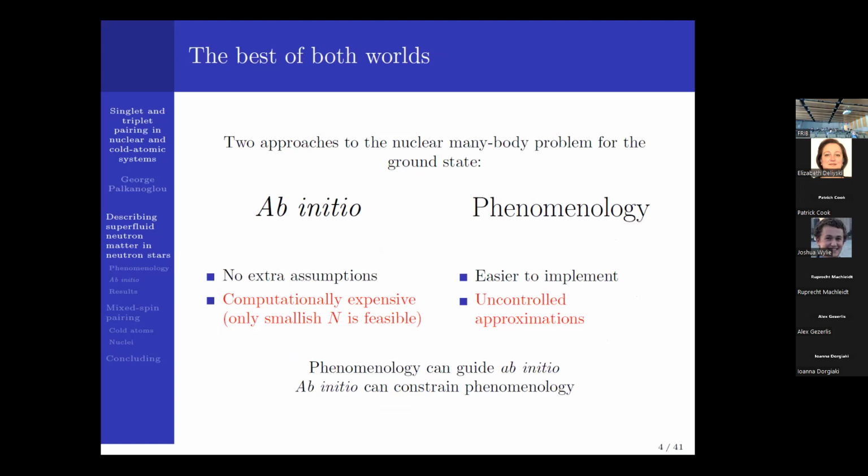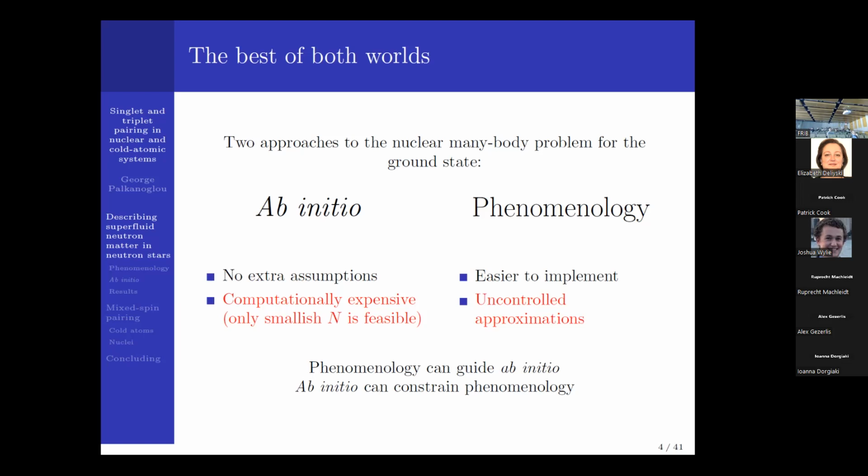We have phenomenology, where we make some assumptions about the system we're looking into that give rise to a phenomenological model, which is easier to implement and convenient to work with, but usually these assumptions come as uncontrolled approximations, in the sense that it's hard and oftentimes impossible to quantify the errors that we're introducing in the calculation by making these assumptions. On the other hand, we have ab initio first principles. We solve the many-body Schrodinger equation with no extra assumptions, no uncontrolled approximations, and we get essentially exact results.